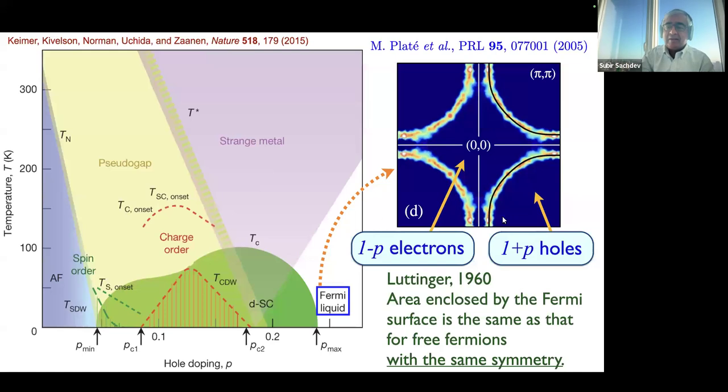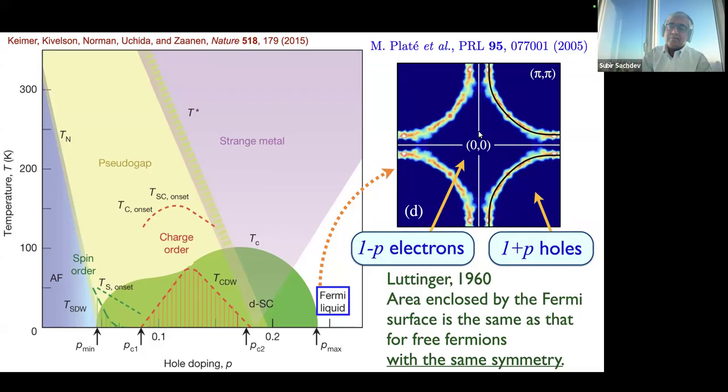So this is kx and ky, this is momentum space here. And what we know from experiments is that these states here inside this bright line are occupied and these are empty. And the boundary between them is what's called the Fermi surface. And the fundamental Luttinger statement is that the area enclosed by the Fermi surface is independent of electron-electron interactions.